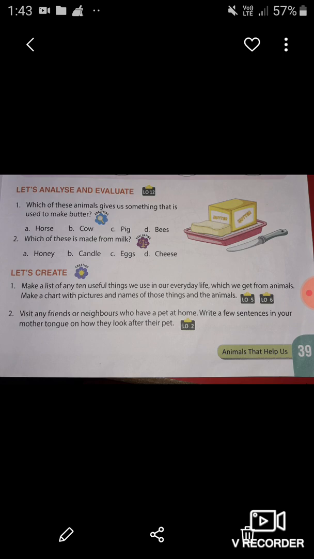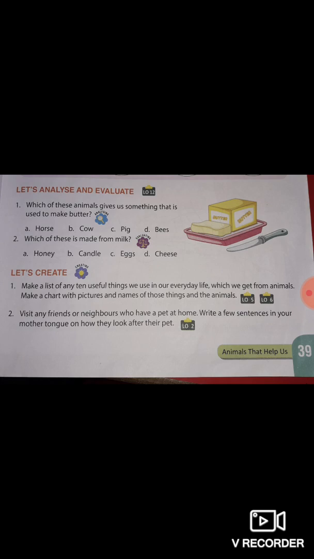Now look at the second question. Which of these is made from milk? Now let's read the options. Honey, candle, eggs and cheese. So students, we make cheese from milk.